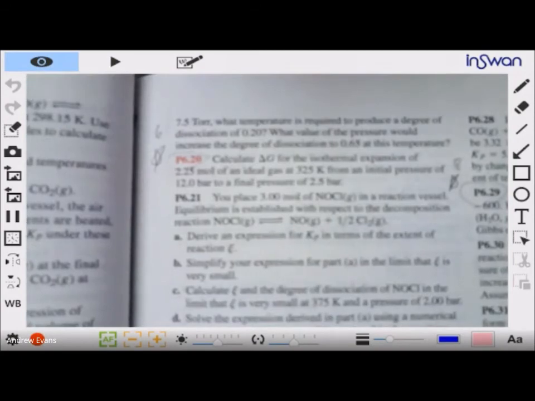Problem 20. Calculate the Gibbs free energy for isothermal expansion of 2.25 moles of ideal gas at 325 Kelvin from an initial pressure of 12 bar to a final pressure of 2.5 bar.